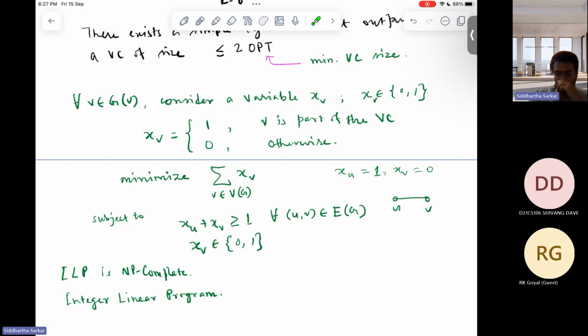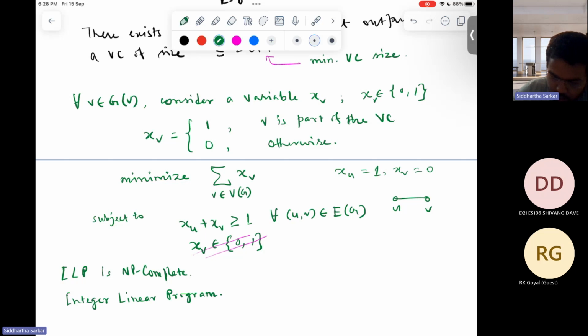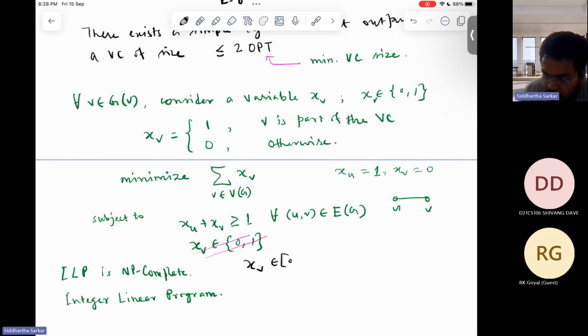So we need to do some trick, and the trick here is a general trick and we call it the relaxation trick. So we relax the constraint and we say that okay, fractional values are also allowed. So instead of this, we will remove this constraint and we will say that you can allow xv to take any value in the interval 0 to 1.